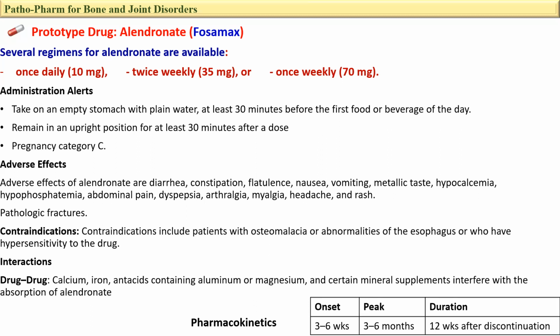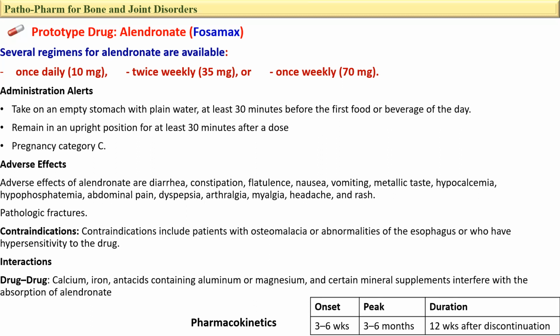So the adverse effects, we said, include diarrhea, constipation, flatulence, nausea, vomiting, metallic taste, hypocalcemia, hypophosphatemia, abdominal pain, dyspepsia, arthralgia, myalgia, headache, rash.